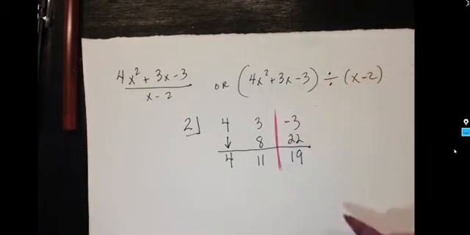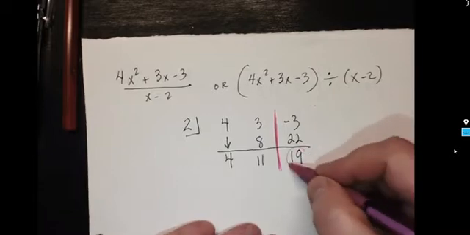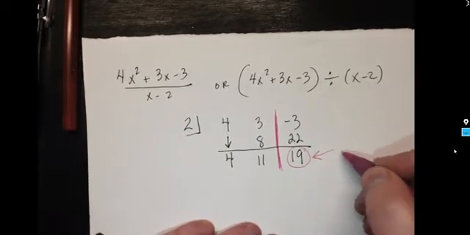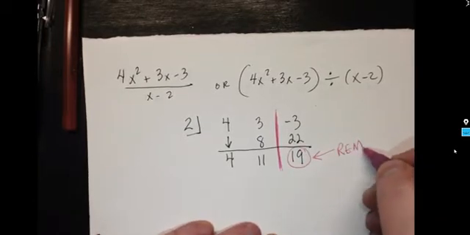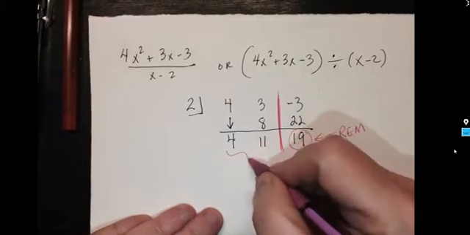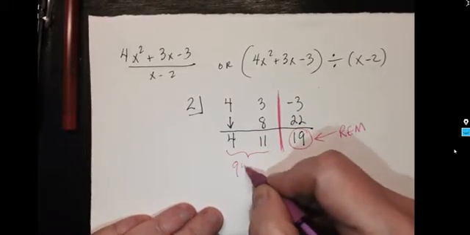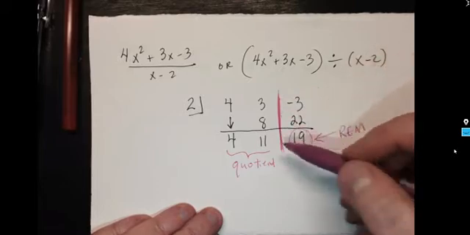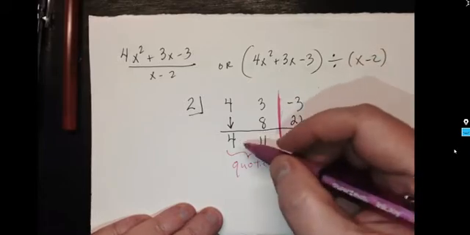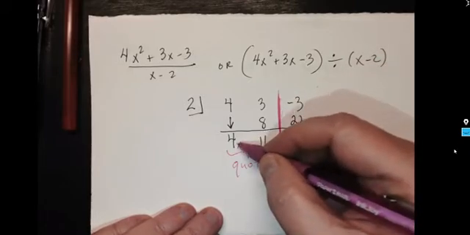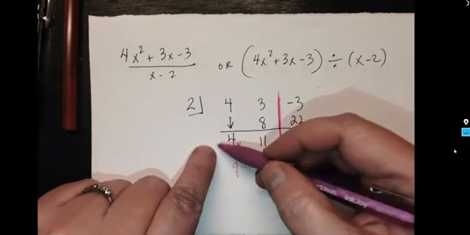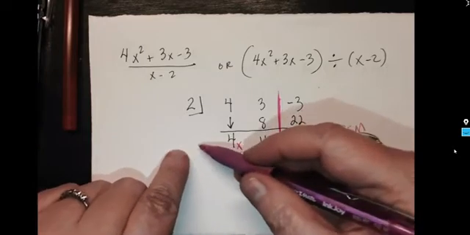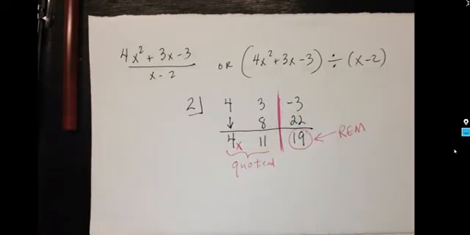So I like to draw a line here, and this is going to be my remainder. And these are the coefficients for the quotient. Now I'm going to start at the line, and this is my constant, and that's my coefficient for x. And if I keep going, I'd have my coefficient for x squared, x cubed, etc., but I run out there.